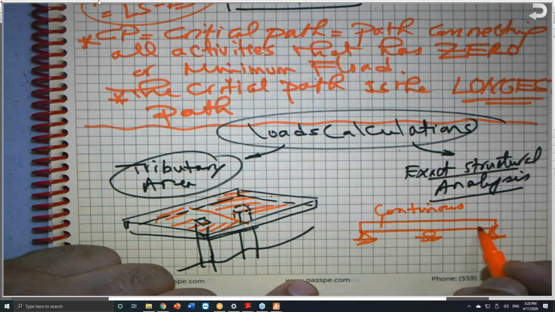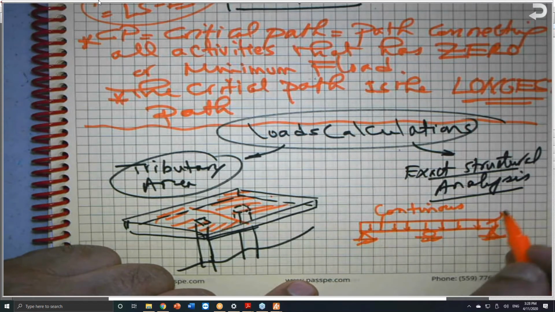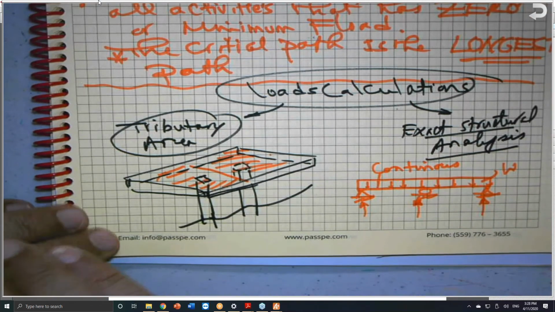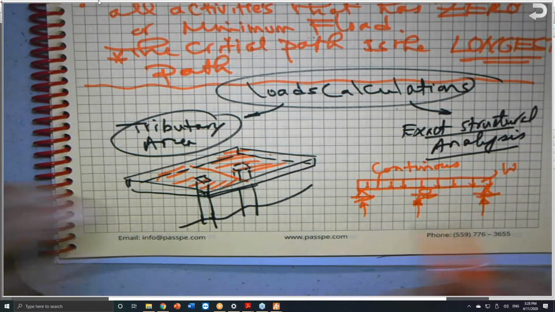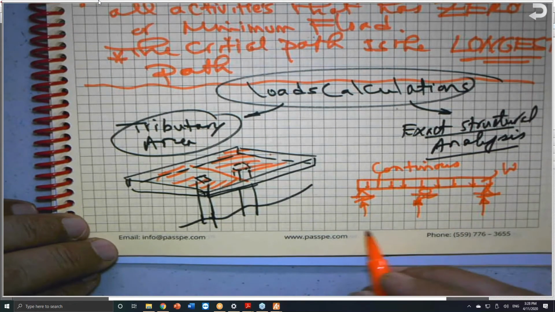If this load is given as W, I can get the reactions from the steel manual tables, or my book has cases, and also the construction book has a table. This is called continuous.